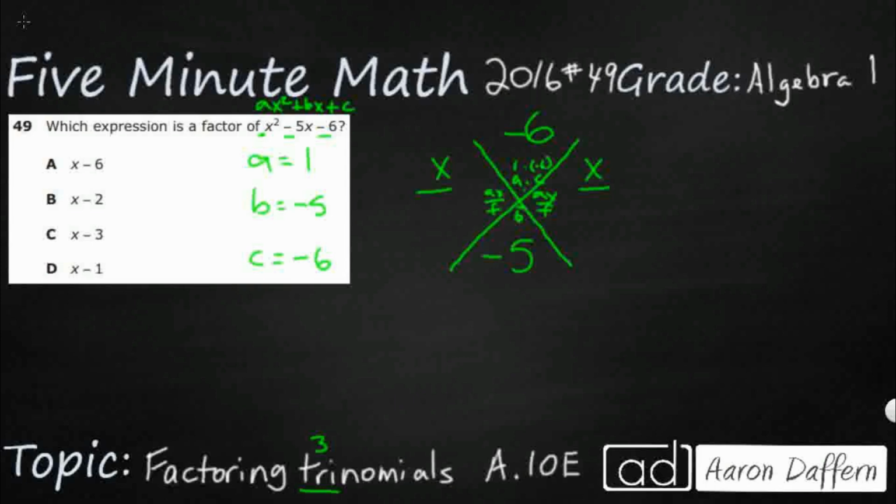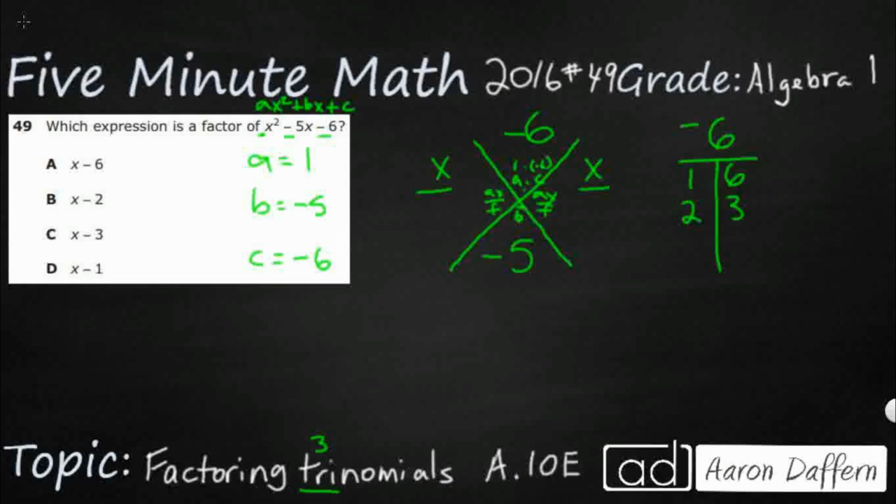So let's just take 6. Since it's negative, we know one of my factors is going to have to be positive, one is going to have to be negative. Okay, so I can multiply to 6: 1 and 6, 2 and 3. So how do I get to this negative 6?